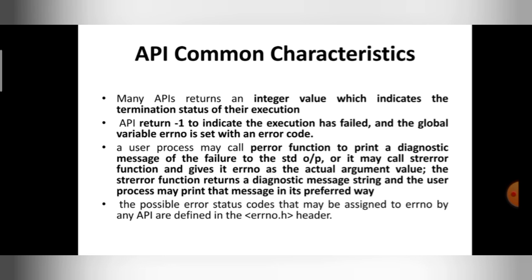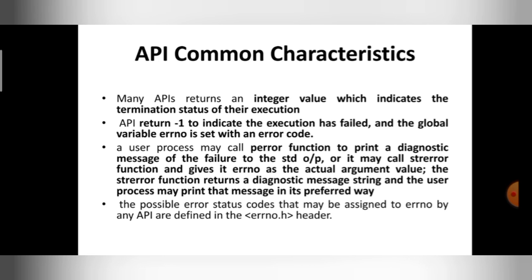For example, whenever a program returns 0, the operating system will assume that the program executed successfully. In the same way, each and every API will return some integer value. Based on that integer value, I can come to know whether it executed successfully or failed.